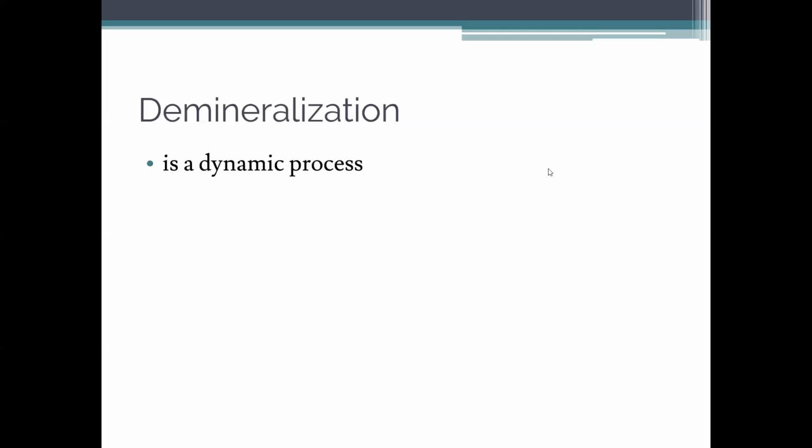Demineralization: we use the term demineralization as the removal of minerals from tooth structure. It's what we classify as a dynamic process. When I use the term dynamic process, it is fluctuating. The tooth will demineralize, but it turns around and remineralizes.